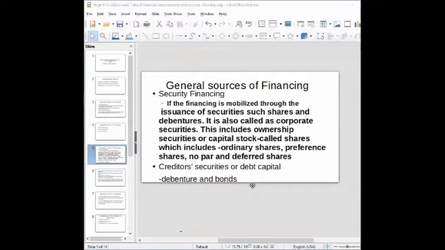Ownership securities are commonly called shares, which include ordinary shares, preference shares, no-par shares, and deferred shares. On the other hand, creditorship securities include debentures and bonds.